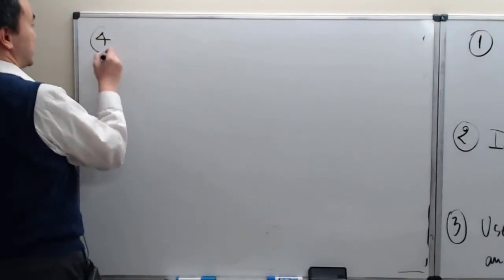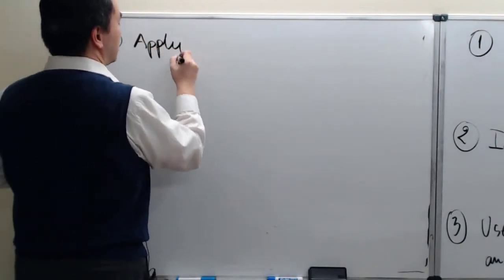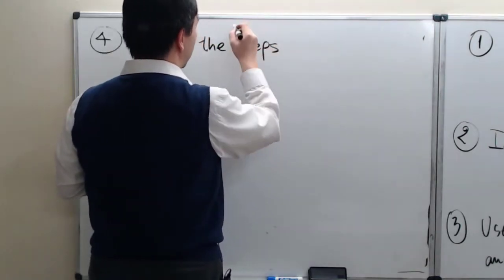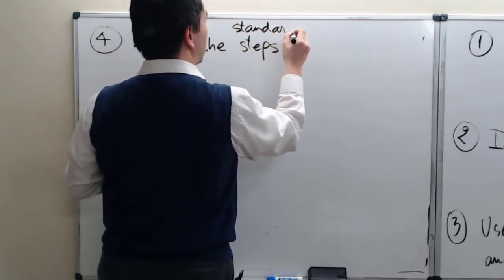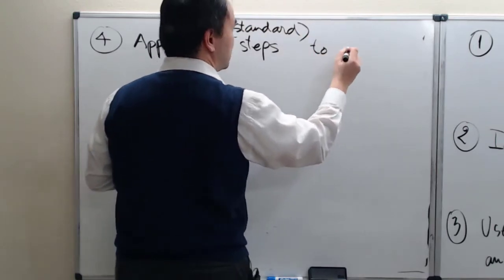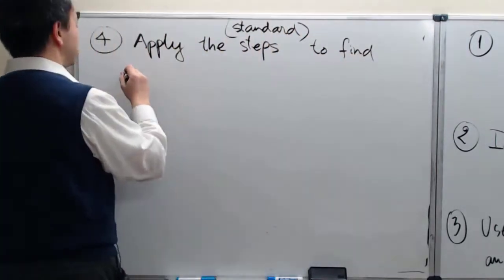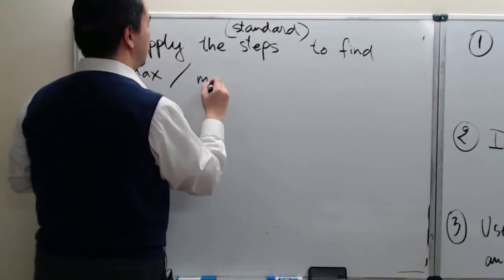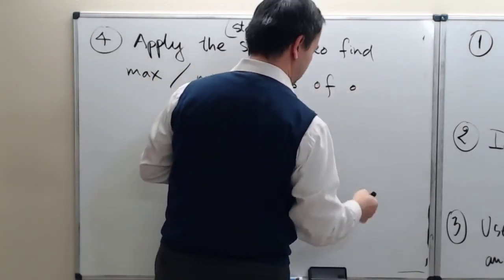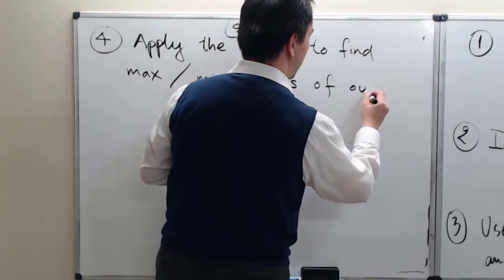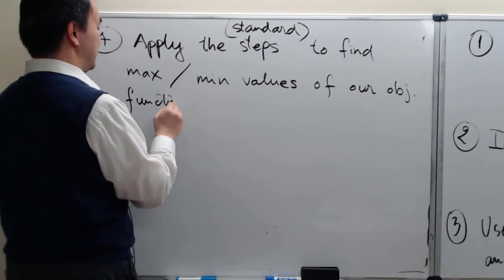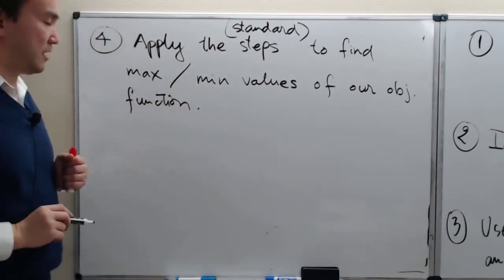Step 4 here is simply to apply the standard steps to find the maximum or minimum values of our objective function. And that's how it is.